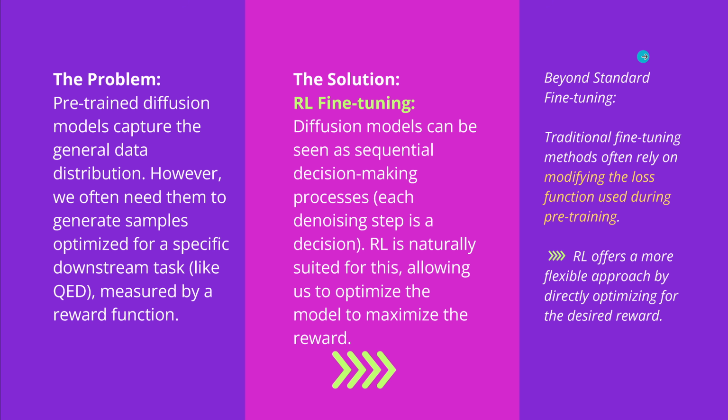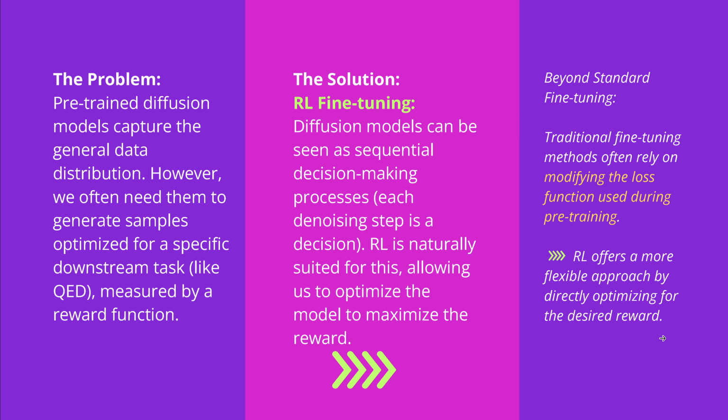And it goes beyond our standard fine-tuning that you know from text or vision. Because traditional fine-tuning often relies on modifying the loss function that was used during the pre-training of our models, of our Gemmas, of our Llamas, of our whatever. But now, with this new methodology, reinforcement learning offers a more flexible approach by directly optimizing for the desired reward.